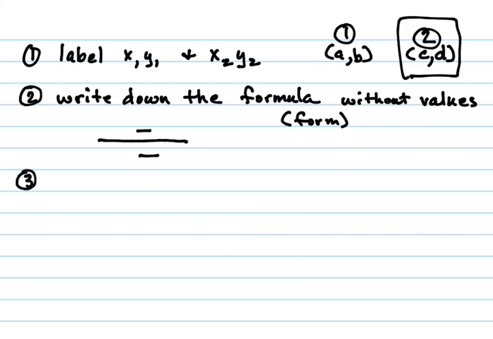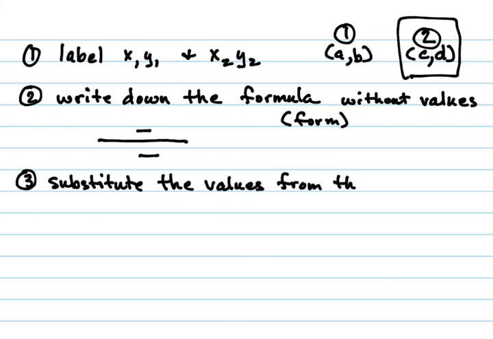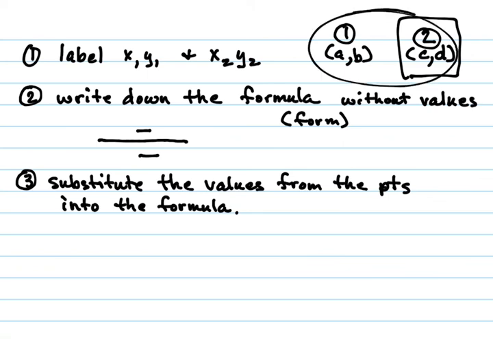Then, substitute the values from the points into the formula. And you've already taken the time to label them 1 and 2, so that has put it in your brain that they need to go in a specific order. Now it's backwards, right? The 2s are going to come first, but don't worry about that.